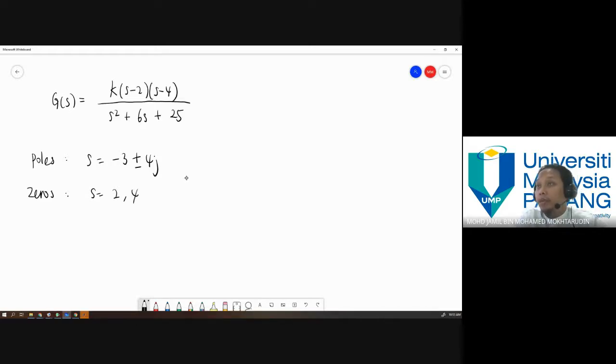So here we have 2 poles and 2 zeros. So we don't have to add any infinity, okay? So here 2 poles, meaning that we have 2 branches.